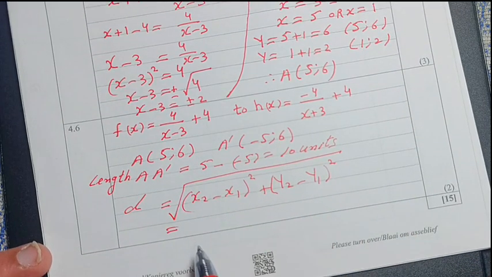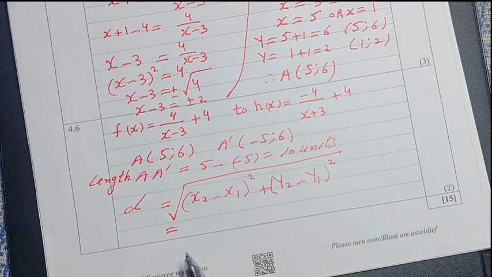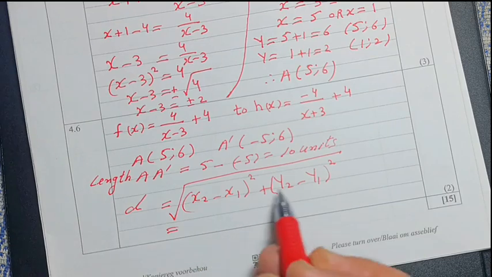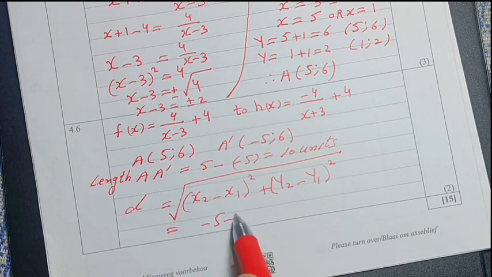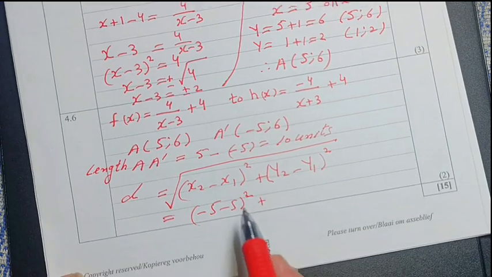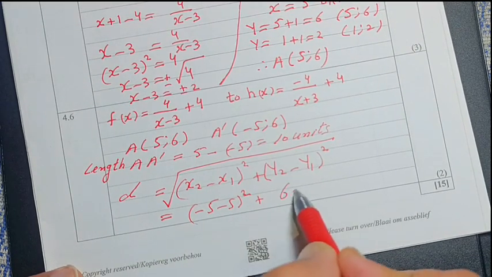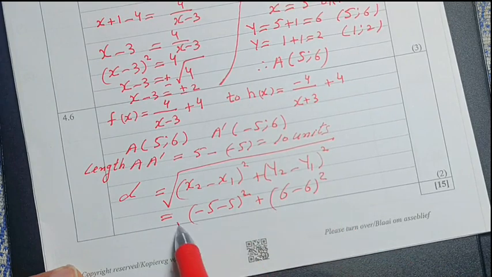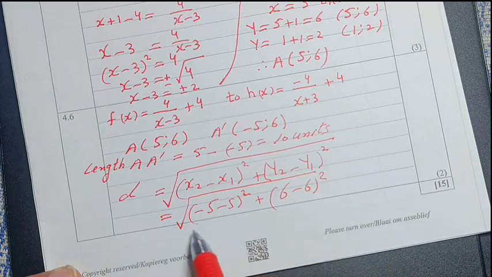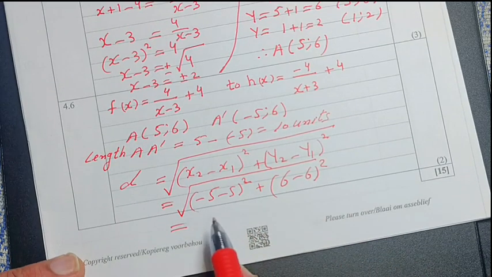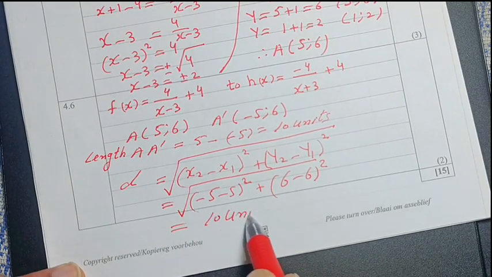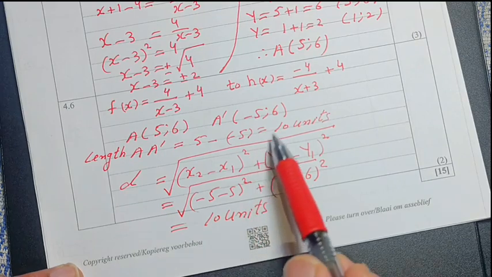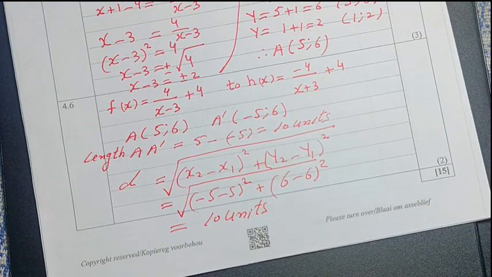If you want to choose this formula, you can choose this one also. Say this is my x2, negative 5 minus 5 squared, plus 6 minus 6 squared, all under the square root. I open up the formula and use the calculator. The answer is 10 units. Still the same answer. So you can use either way, this one or this one, the answer is the same.